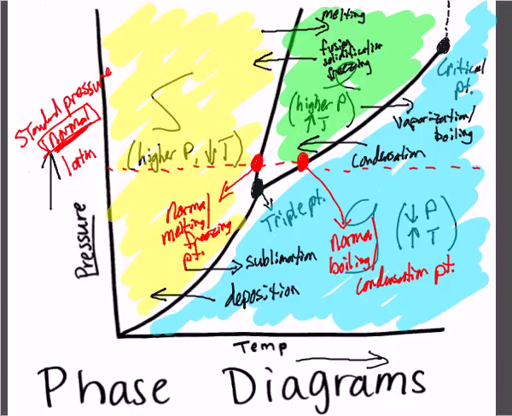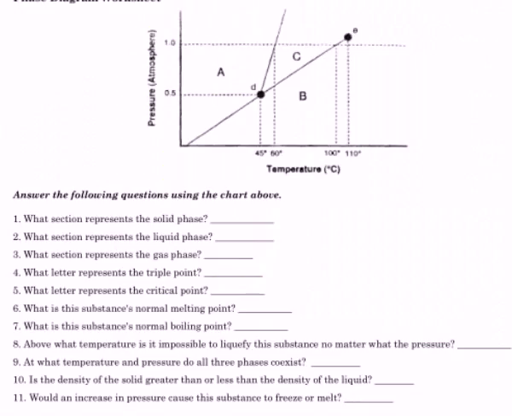What I want you guys to do right now is to go back and re-look at your questions on page 10. All right, so what section represents the solid phase? A. Liquid phase? Gas? Okay. Triple point? D. Critical point? You can call it E or theta, guys. All right, I'm going to call it E. What is the substance's normal melting point? 60 degrees. All right, so why is it 60? Because, again, you go to 1 atm. Our pressure, guys, is atmospheres. So we're going to go over here, down, 60 degrees Celsius.